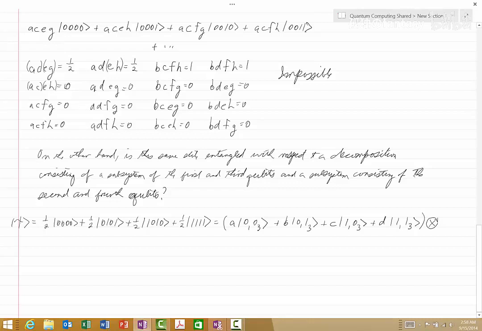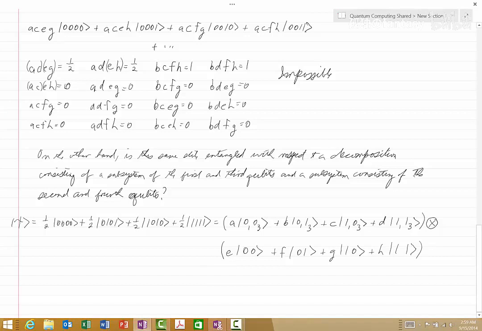And then for the subsystem consisting of the second and fourth, we'll have something similar but different coefficients. So we'll have E|00⟩ plus F|01⟩ plus G|10⟩ plus H|11⟩.